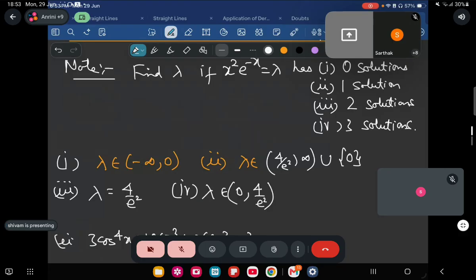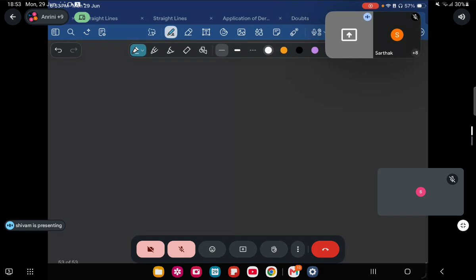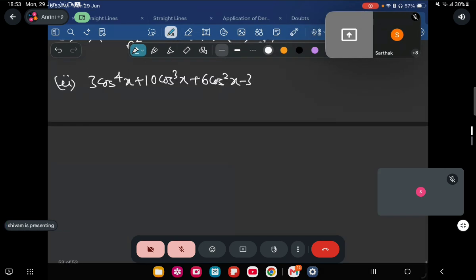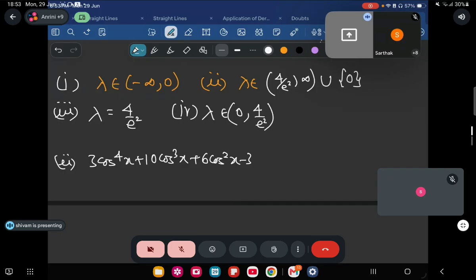Part 2. So over here, what you do is you differentiate. Over here, the domain is all real numbers, but it is given in 0 comma pi. You have to substitute only 0 to pi.